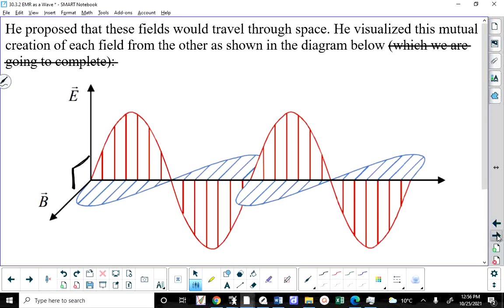Now keep something in mind. This is just an idea at this point. Maxwell could probably be described more as a mathematician or a theoretical physicist as opposed to a scientist who does experiments. This is just what the equations are telling him.